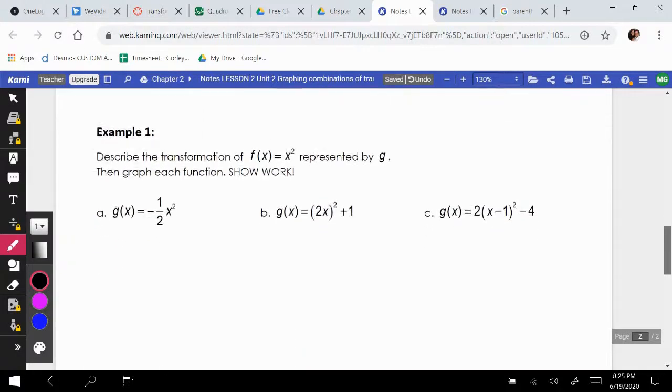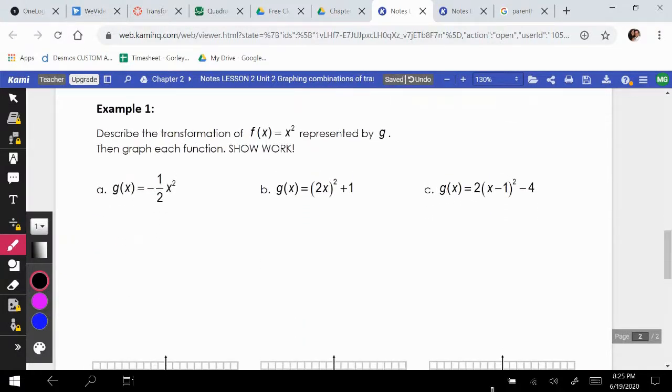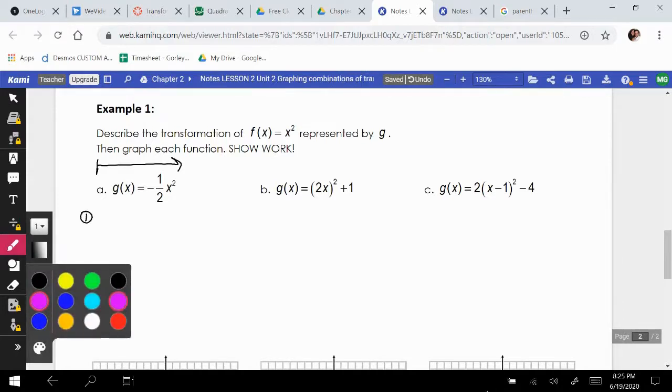Okay. So in this first example, it says describe the transformation of x squared that's represented by g, then graph each function, show work. Again, we've got to move from left to right. Number 1, the first thing that I see is this negative sign.